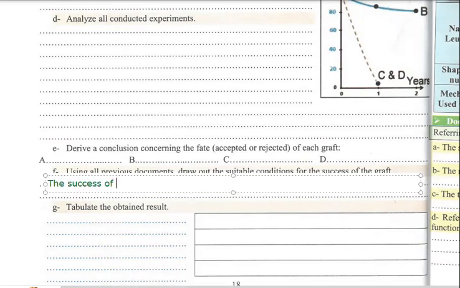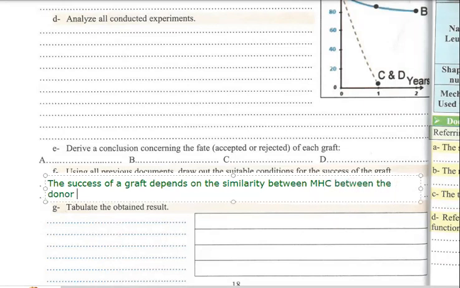The success of a graft depends on the similarity between the MHC or HLA of the donor and the recipient. The one that is donating the graft, or the one that is receiving the graft.